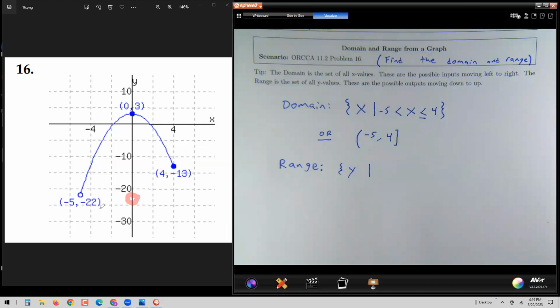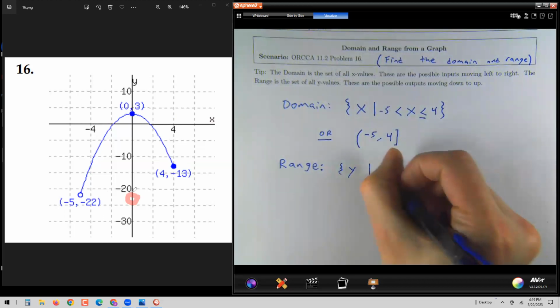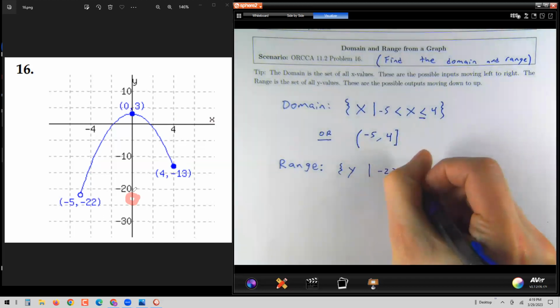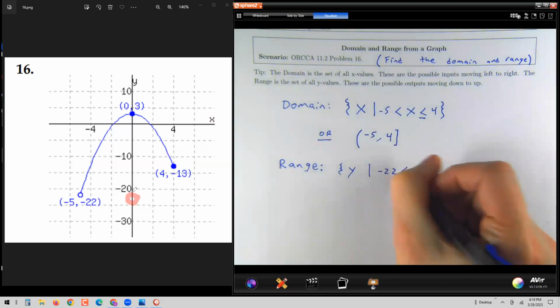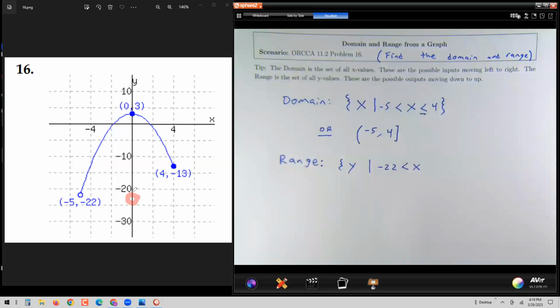I'm noticing at -22, it is an open circle. So this thing is going to start at -22, and it is not including it. So no line underneath it. Now this graph goes up, all the way to 3. So this goes from a y value of -22 up to a y value of 3.